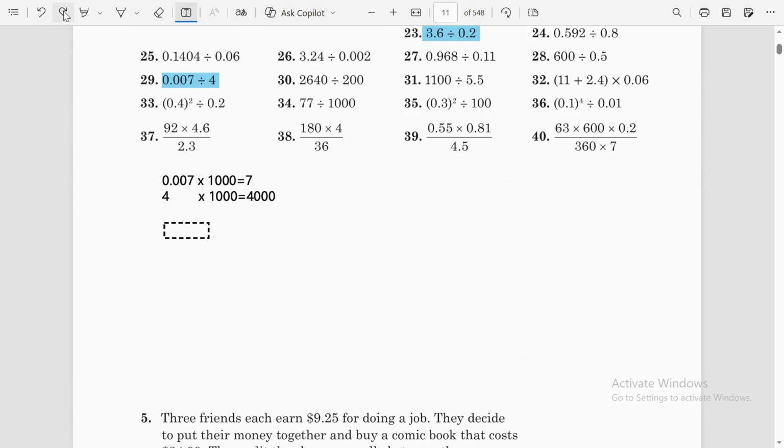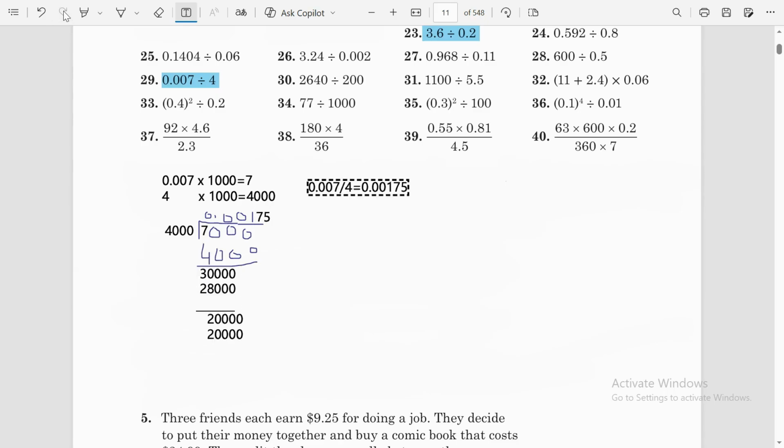Now we'll divide 7 by 4000. We have to put a decimal, and then we have to put two zeros so that we can divide it by 4000, and you can see the division how we are doing it. And the answer is 0.007 divided by 4 is equal to 0.00175.